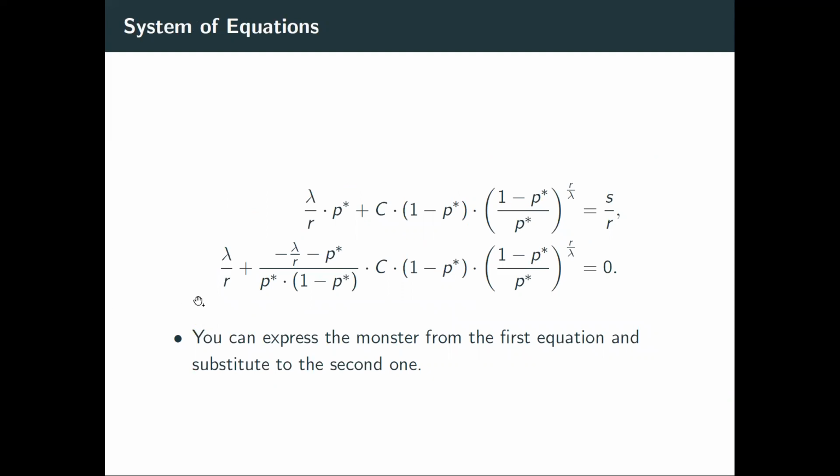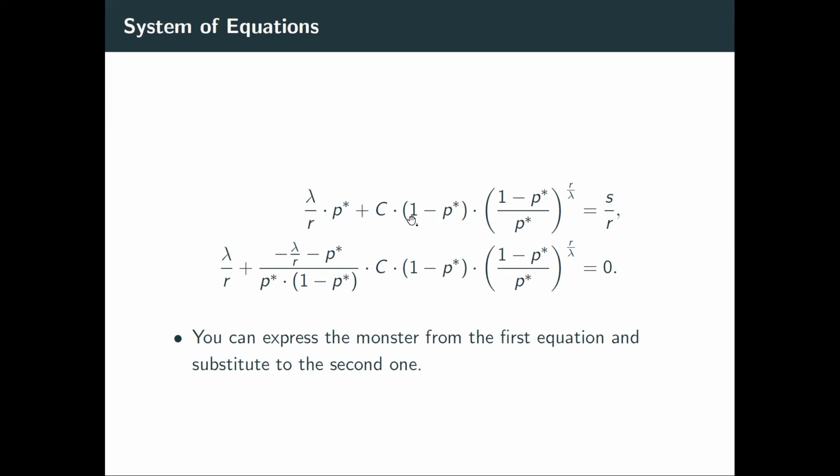The derivative of this term with respect to P is not nice. Here it's a linear term, so the derivative is nice, but the derivative of this with respect to PT is clearly not that nice. So it creates this additional term here. But eventually it turns out that it's quite easy to solve anyway, because you have this first equation. The first equation is the value matching at P star.